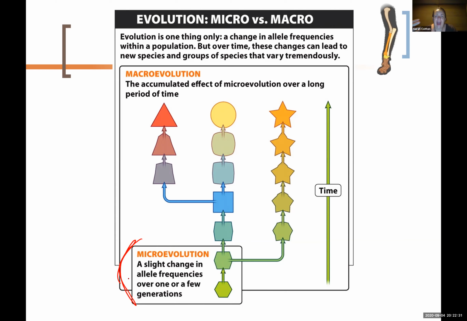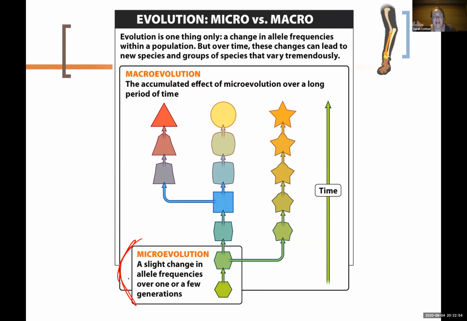So we're looking at how frequencies or percentages of genes change within just a single population, often over only a couple of generations. Depending on how long the generation time is, that can be a really short period of time. Okay, so we covered that last week, so we're done with that for now, unless you have questions.